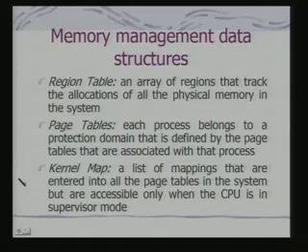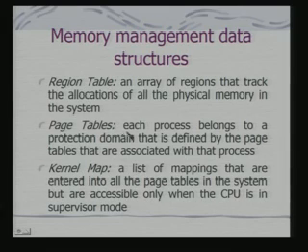And in fact, when we looked at the memory management unit in the context of ARM, we have already seen that one job of the MMU is to provide protection to the memory areas allocated to different tasks. The data structures which are used for this purpose, in a generic sense, we say region table, page tables and kernel map. Region table is an array of regions that track the allocations of all the physical memory in the system.